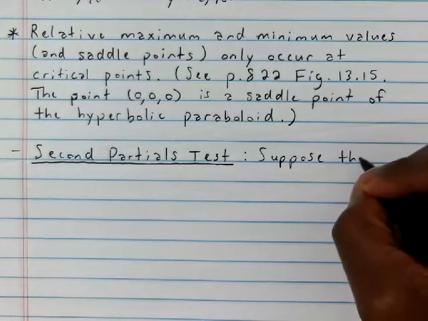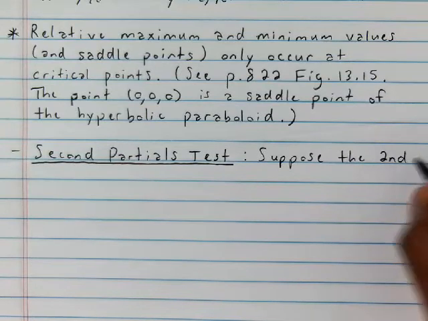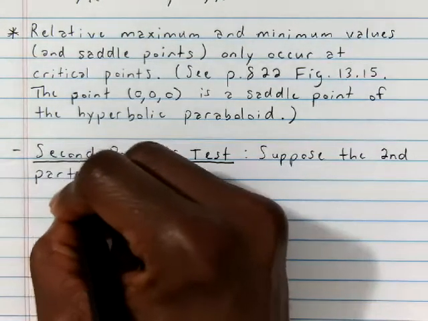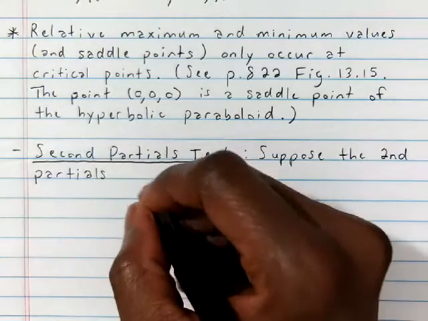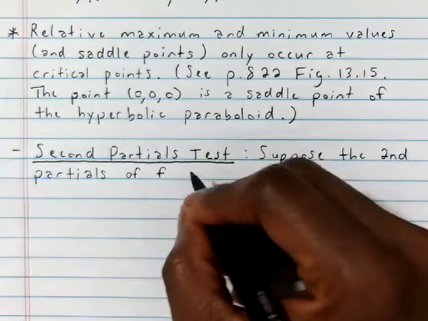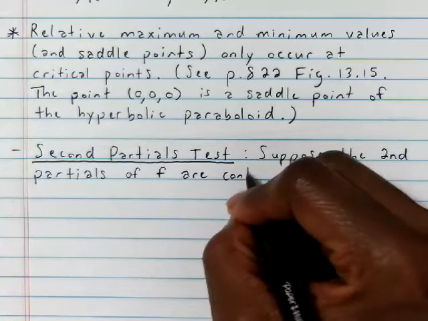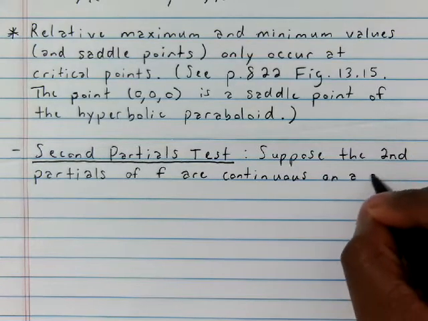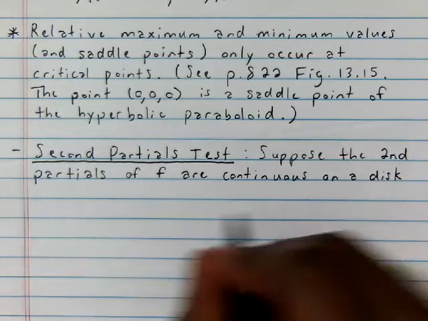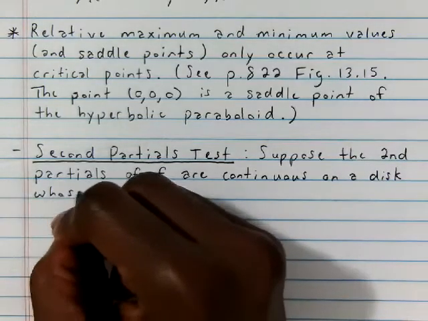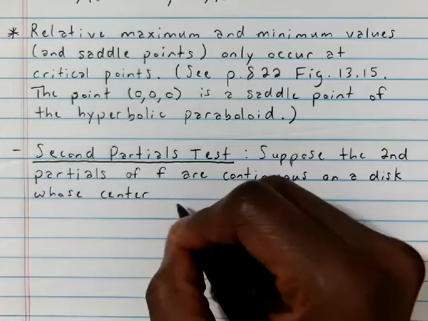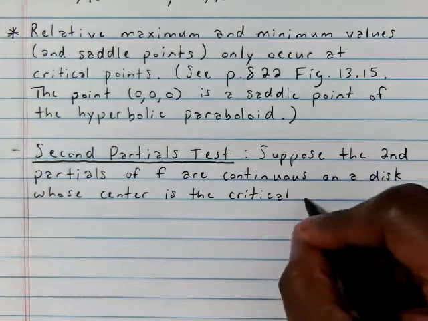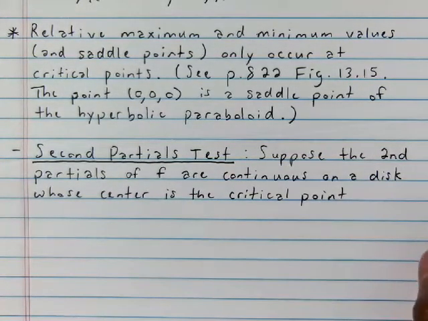Suppose the second partials of f are continuous on a disk whose center is the critical point (x naught, y naught).